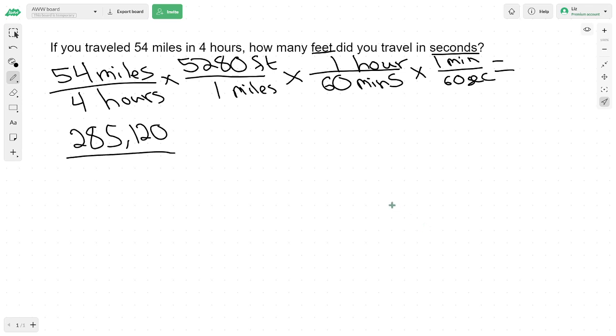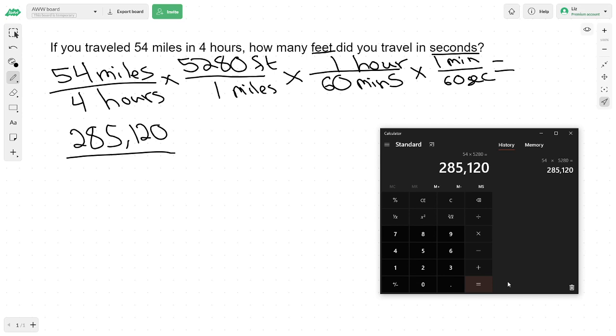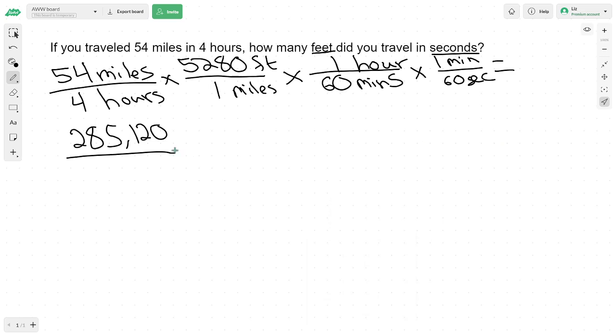And I put that all over, and then I'm multiplying everything on the bottom together. So clear this out. I have 4 times 1 times 60 times 60. Notice I didn't put the 1 in there because it doesn't change anything. So 14,400.